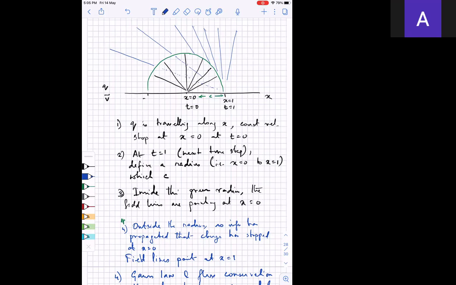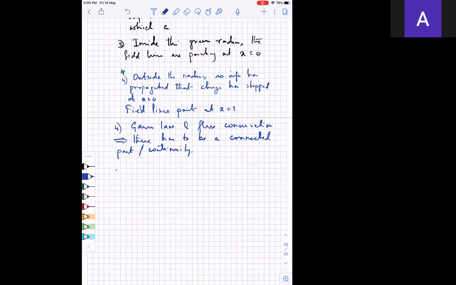So there has to be a transverse field at r equal to c, at this distance.